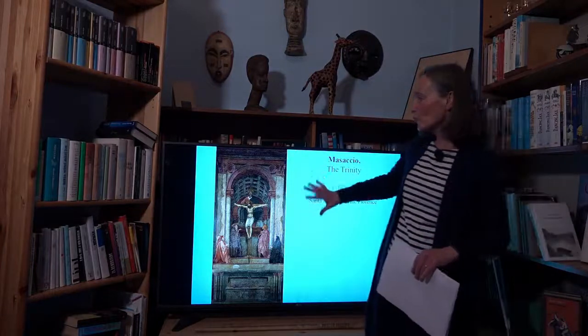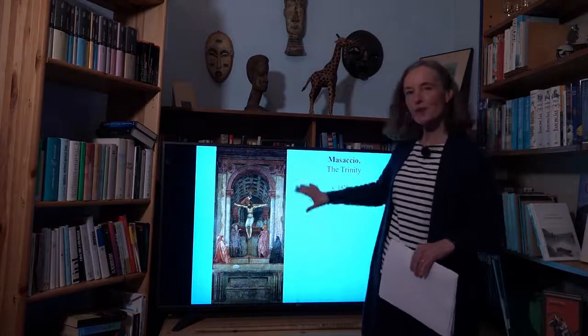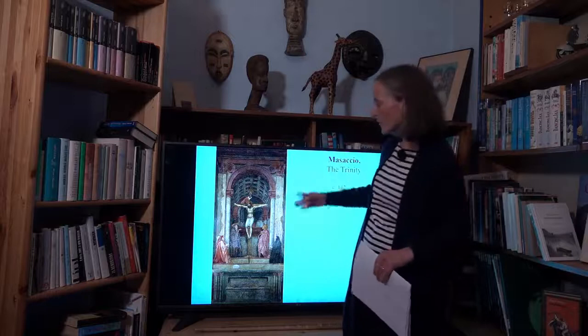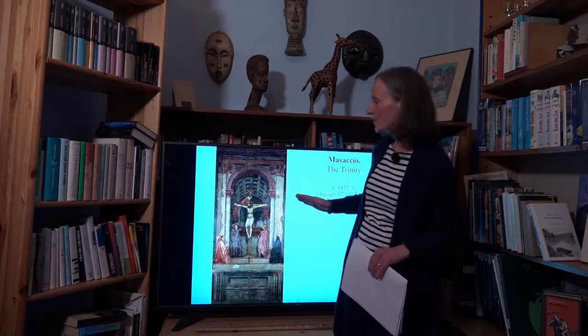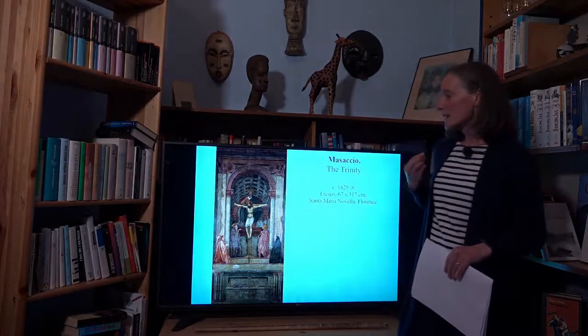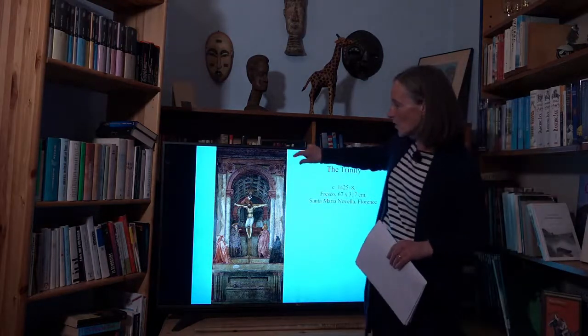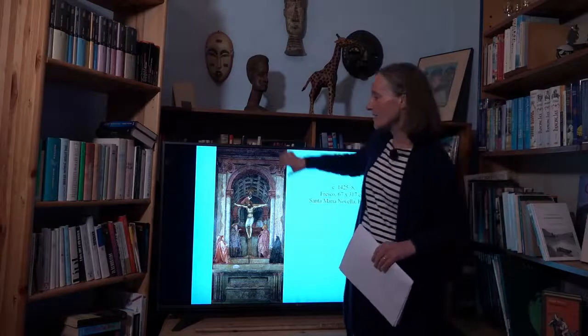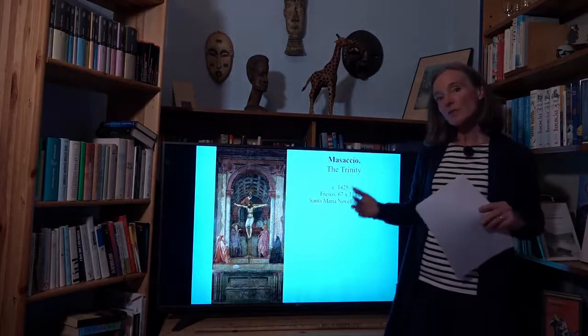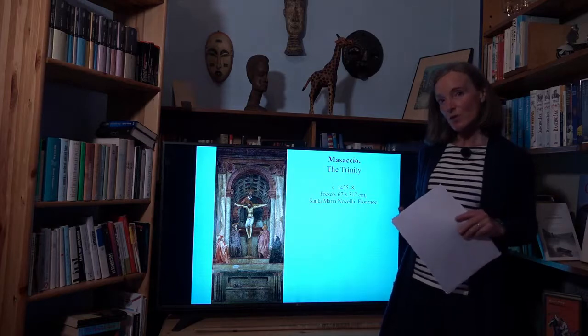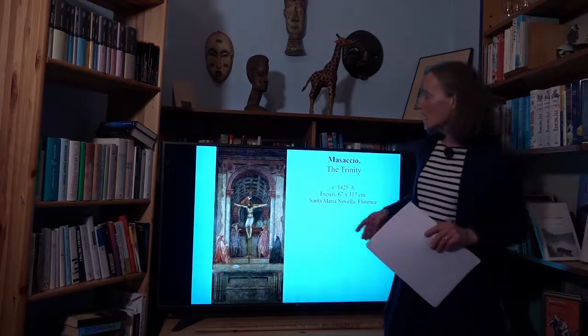I do not want to distract you now with the different names, for example, for the different parts within the architecture, but it is again important to look at how the architecture is framing the composition. You will see the difference then in other examples which we are going to study later on.